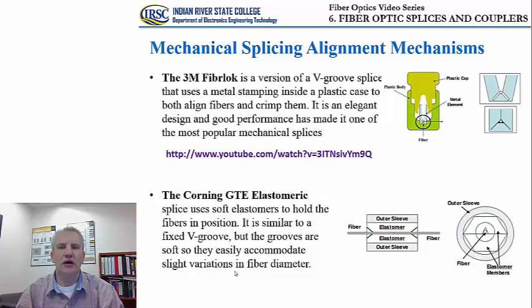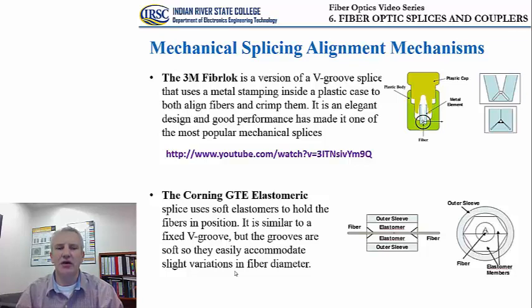Here are other two mechanical splicing techniques. The 3M fiber lock is a version of the V-groove splice that uses metal stamping inside a plastic case to align fibers and to crimp them. This is considered an elegant design, and good performance has made it one of the most popular mechanical splices.